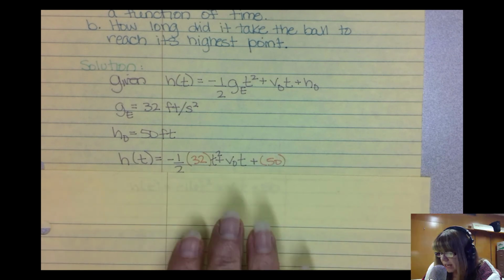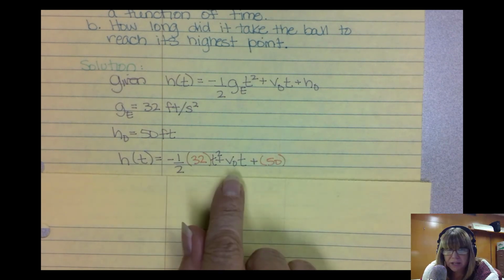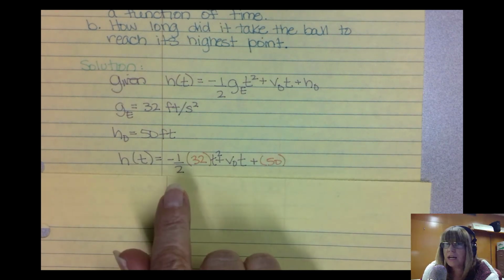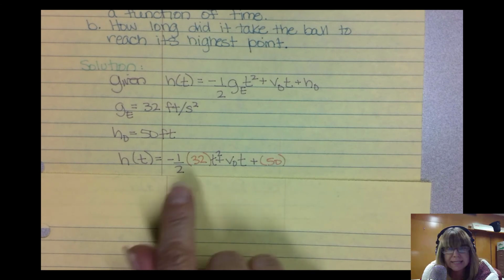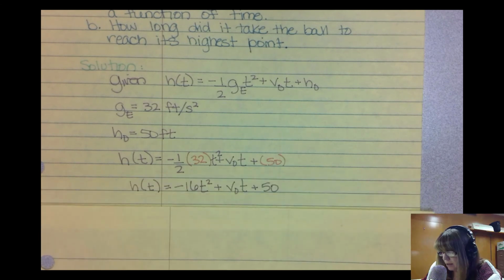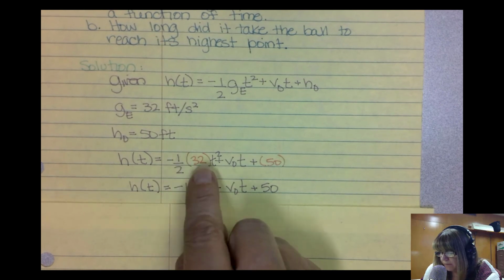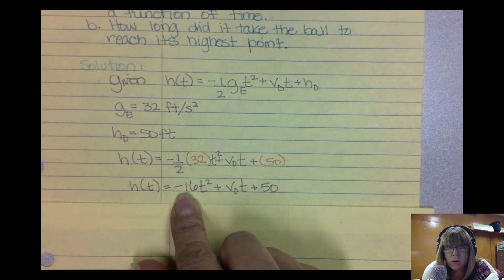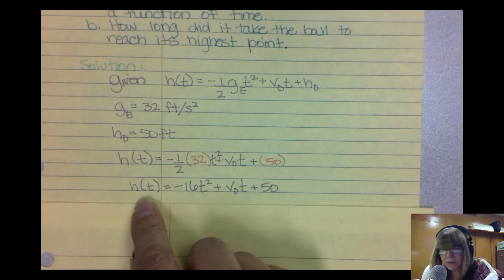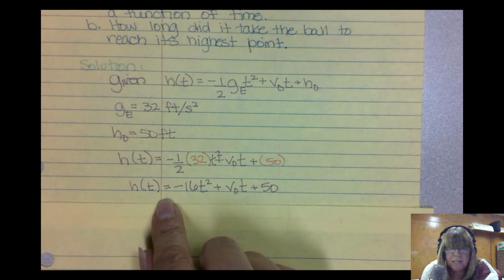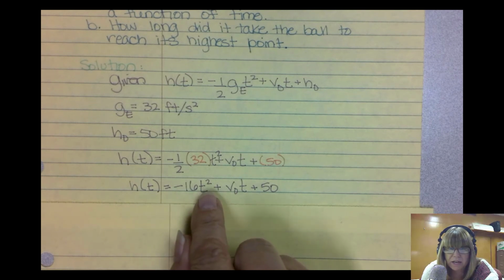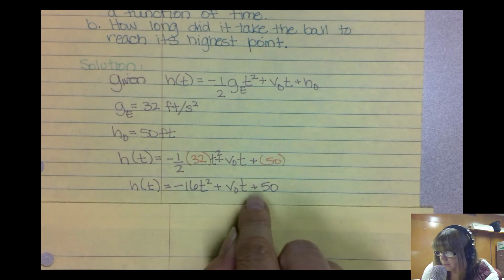So let's go ahead and throw those in and see what we can get. We can reduce this a little bit. Okay. So -1/2 times 32 is -16. So our height as a function of time is going to be h of t equals -16t squared plus our initial velocity times t plus 50.